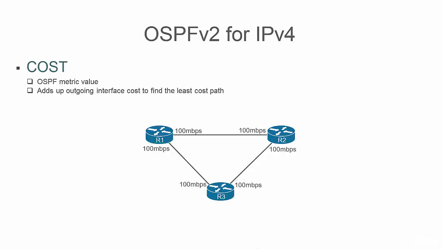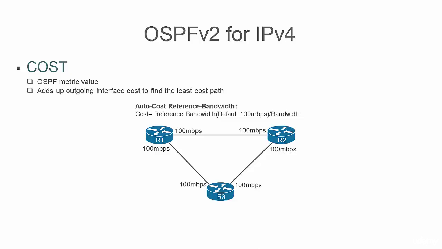Cost is derived from the actual bandwidth of the routed interface. This is called the auto-cost reference bandwidth formula. So OSPF routers by default have a reference bandwidth of 100 megabits per second. And the formula is you just take your reference bandwidth, whatever that may be, and then divide it by the actual interface bandwidth.